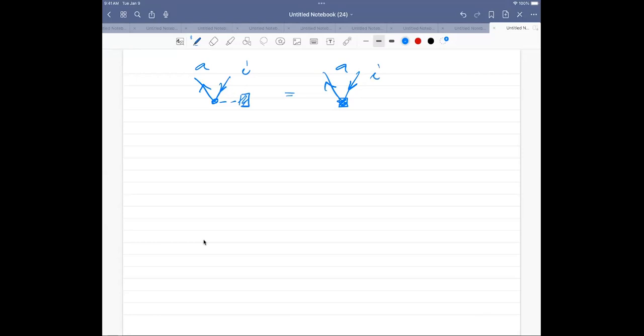And if we then want to use these Hugenholtz diagrams, we have A, I, and so on. The Hugenholtz diagram represents an anti-symmetrized interaction.